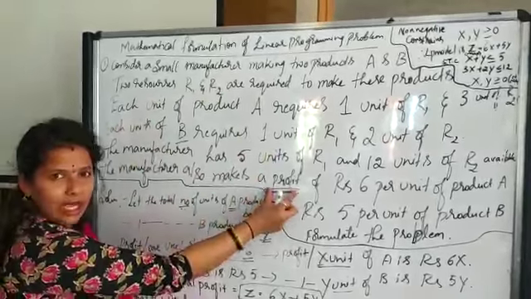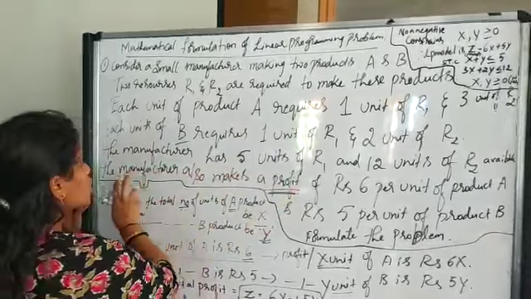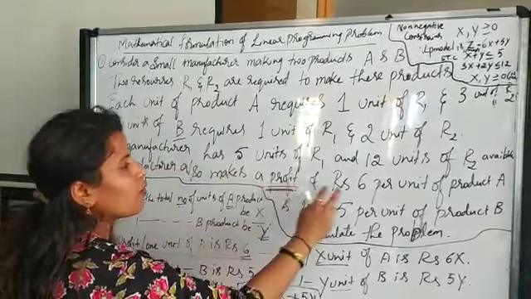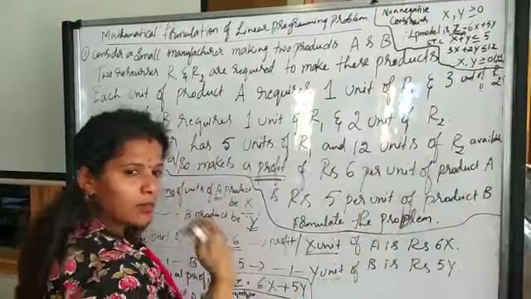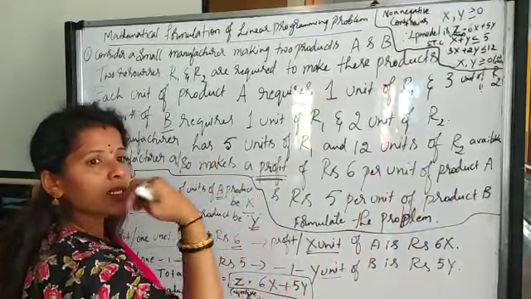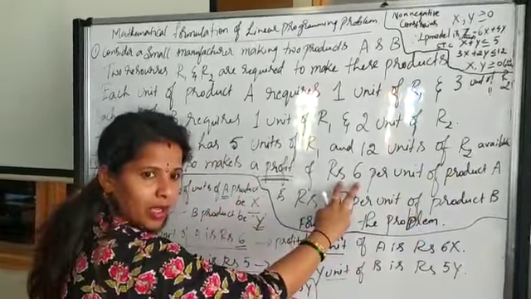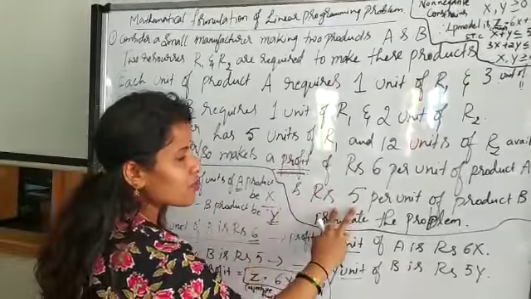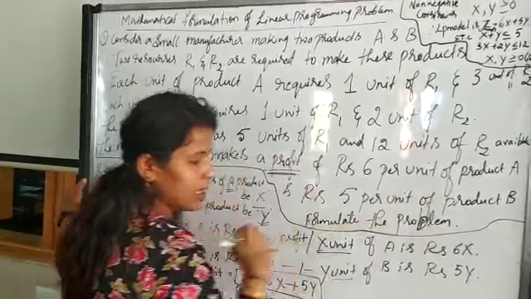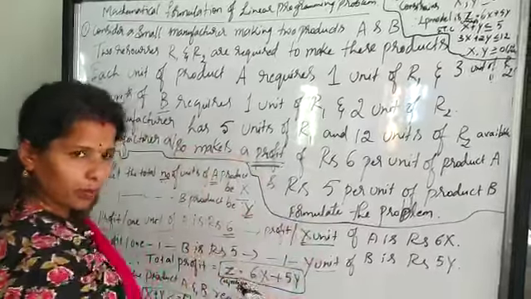So the manufacturer makes a profit of ₹6 per unit of product A, and ₹5 per unit of product B.